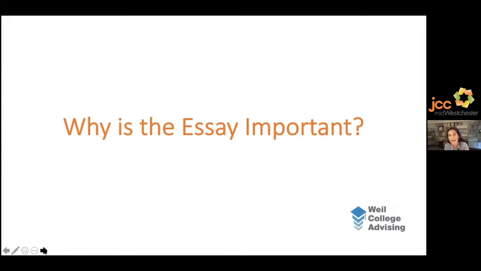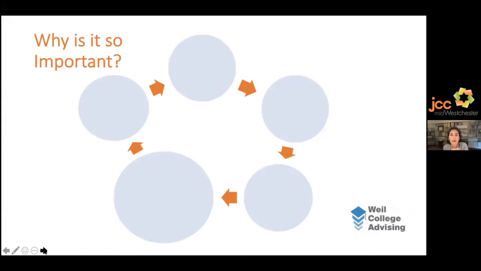I'd like to take a step back and talk about the essay as part of a whole, as part of the big puzzle. And why is it so important? We have 5 different variables, or pillars, of the application. This is what we call a holistic review of an applicant.